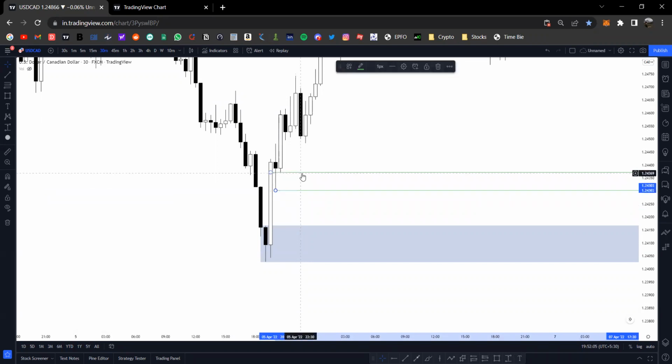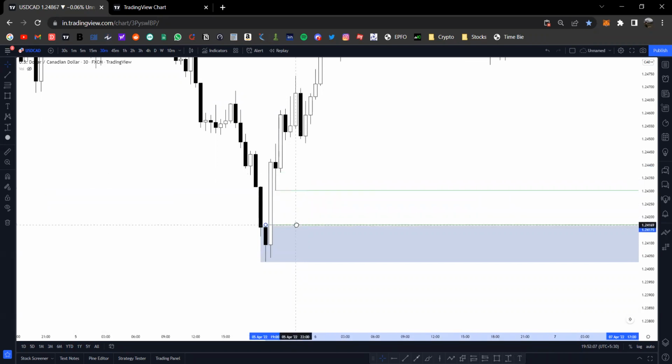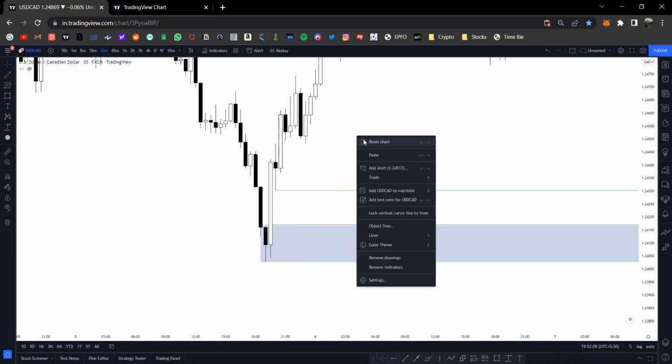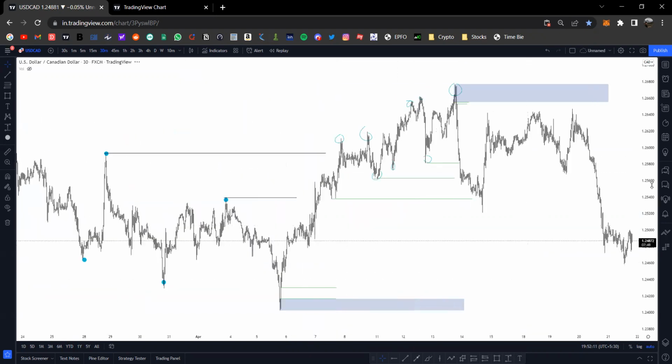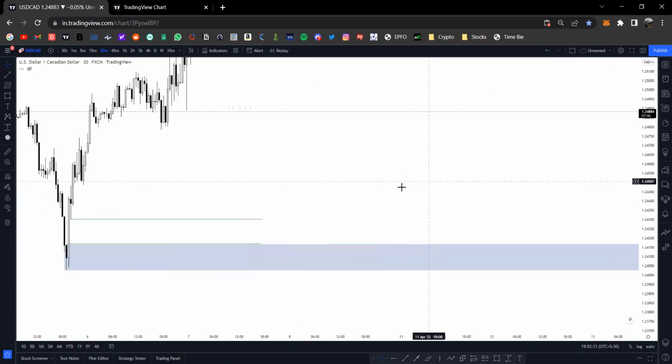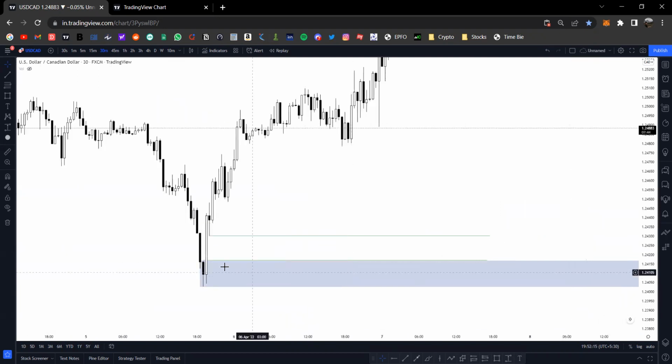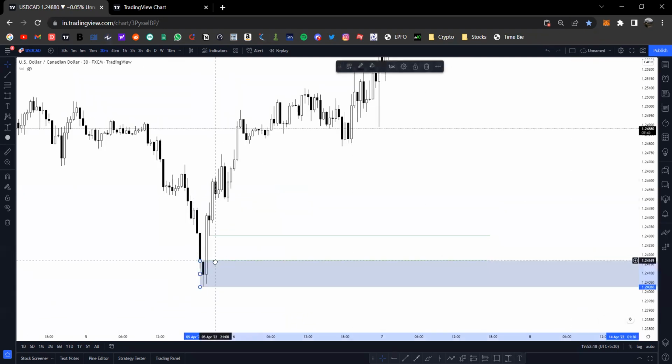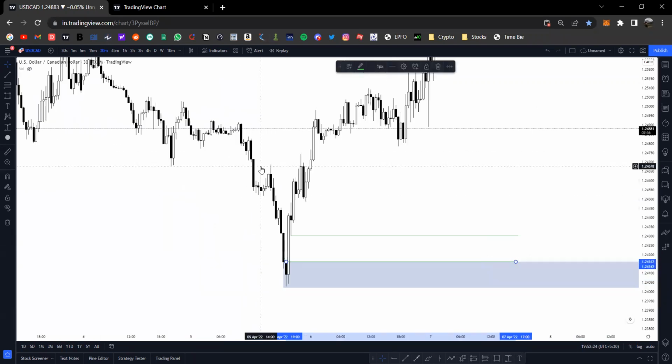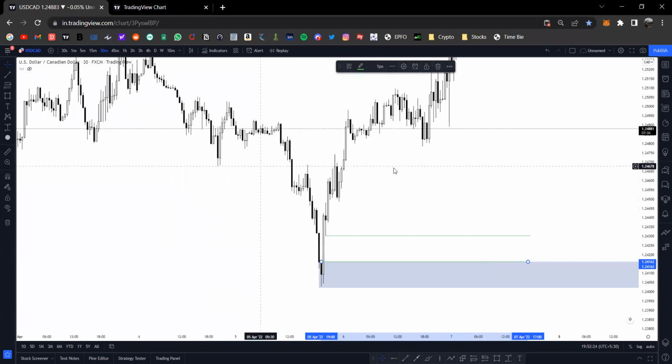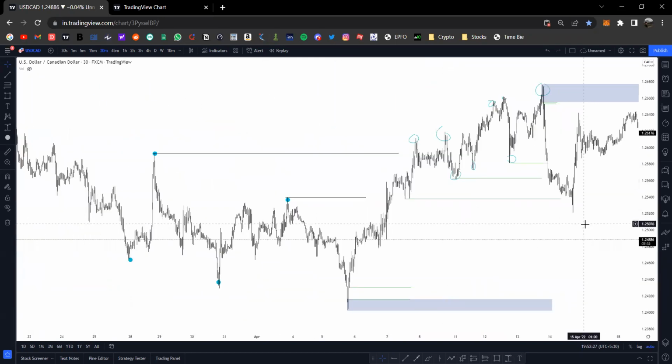You see this one and this one. So what I will do is wait for price to come around this block. That's where I will look for buys. So that's how I mark my point of interest.